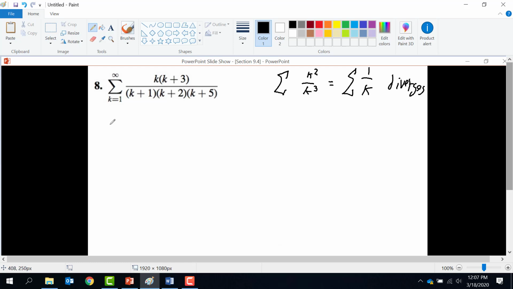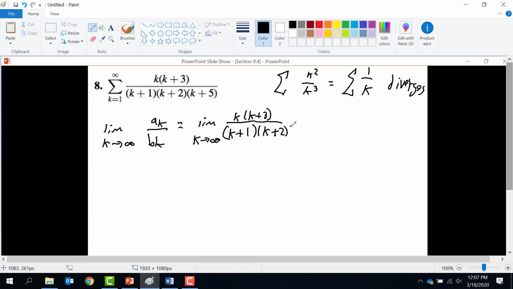And so then with the limit comparison test, we're going to take the limit as k goes off to infinity of a sub k divided by b sub k, which is the limit as k goes off to infinity of k times (k plus 3) divided by (k plus 1).